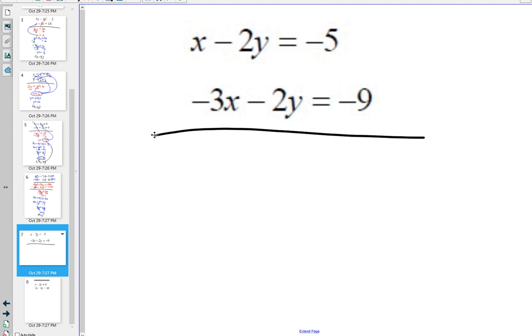Well, see, the first thing I see is that both of the y's have a 2 in front. So that's good. They have matching coefficients. What's bad is that the signs don't match. So what you should do is get one of the equations. I'd probably pick the bottom one, but it doesn't matter. And multiply everything by -1, because that's going to change the signs.